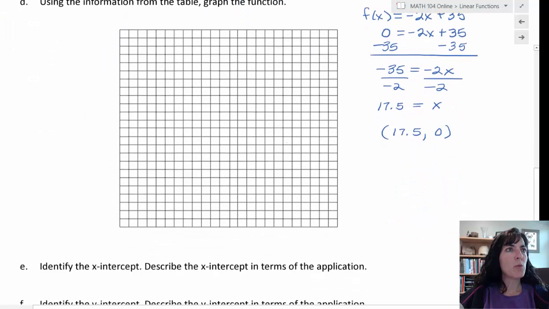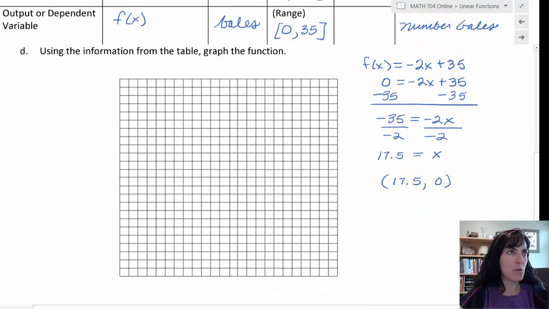When I look at my graph, I'll do the y-axis first. I see it has to go from 0 here to 35 at the highest. And I'm wondering, can I use a scale of 1? But I think there's only 24 blocks on here, so I'll have to go by 2s. And then I'm just going to label every other tick mark.